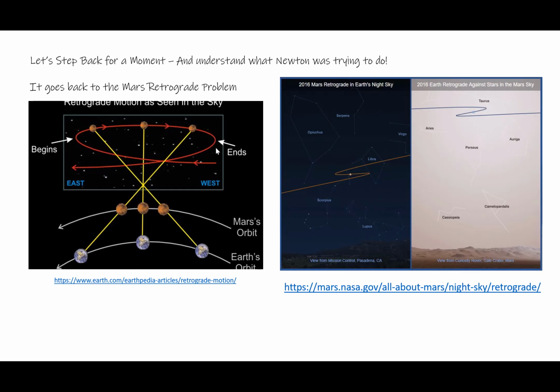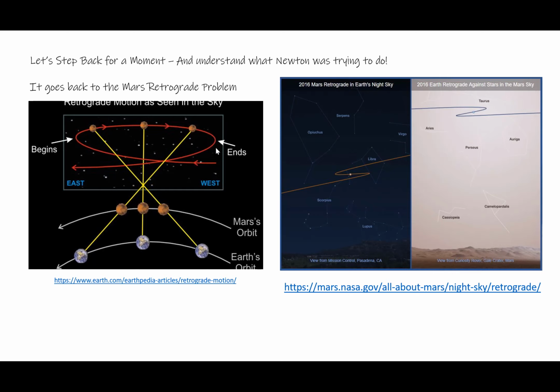Well, he was aware of work from other folks, Brahe and Kepler. Newton was aware of Kepler's work, and Newton was trying to recreate Kepler's work with the Earth-Moon system, whereas Kepler was using Brahe's observational data to explain the orbits of the planets.